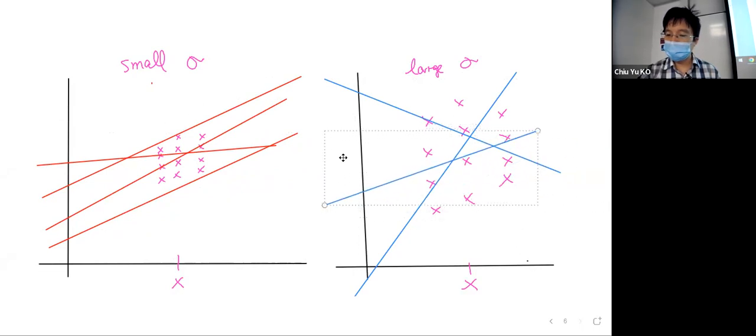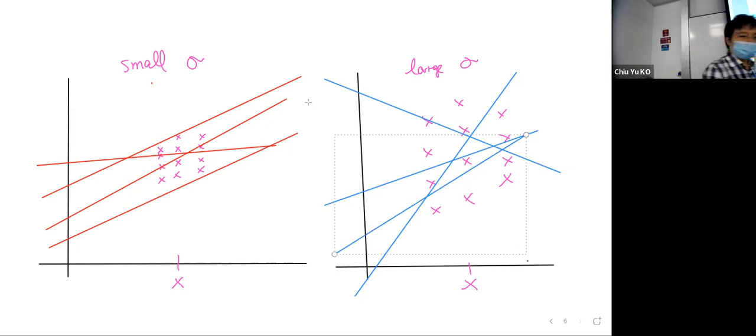So the slope can really vary a lot. That's why the larger the sigma, the more variation in terms of the B's. I hope this can explain why you got this formula.